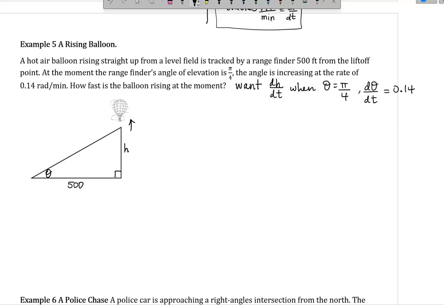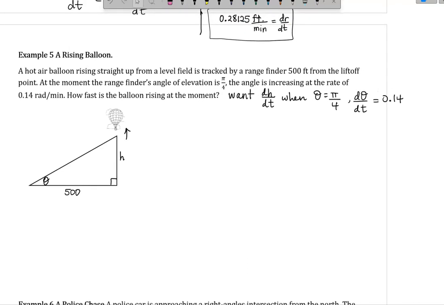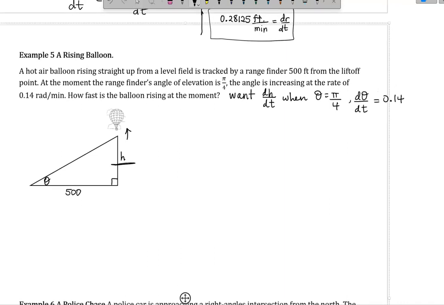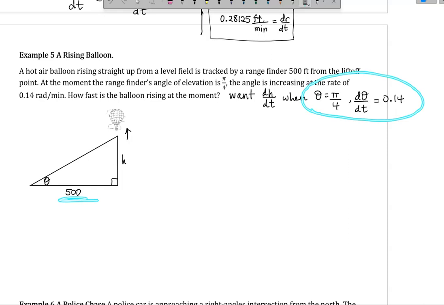So we need an equation that's going to relate the information that we have. We want information about the height, we have information about the angle theta, and we also have this side of this triangle here. Back in trigonometry, we learned how in a right triangle we can relate information about an angle, its opposite side, and the side adjacent to it.